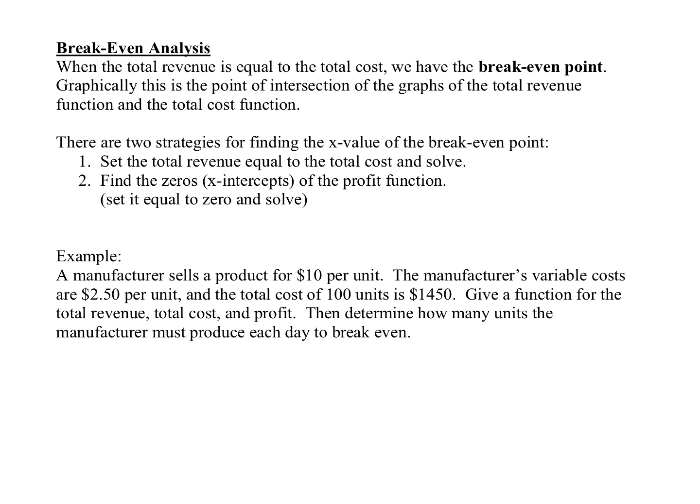This would give us the x value for that break-even point. Alternatively, if you're given the profit function, or if you've already had to compute it, you can find the zeros of that profit function, which correspond to the x-intercepts, and that would give you the x value of the break-even point. So let's apply that strategy for the example below.